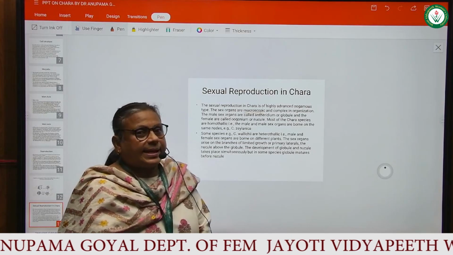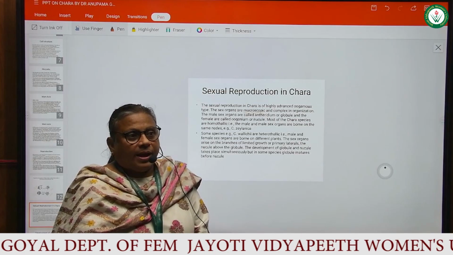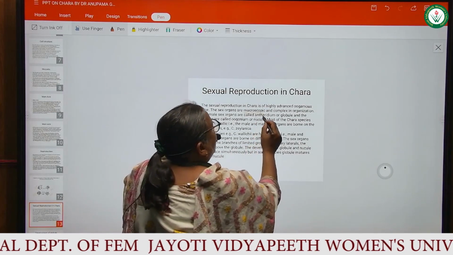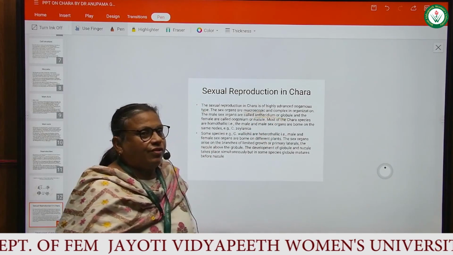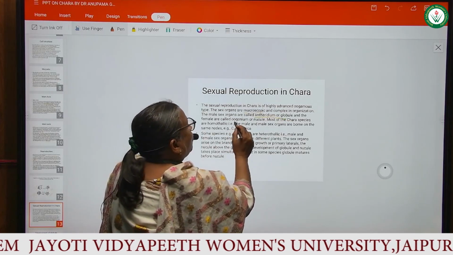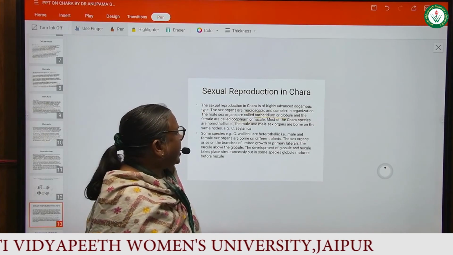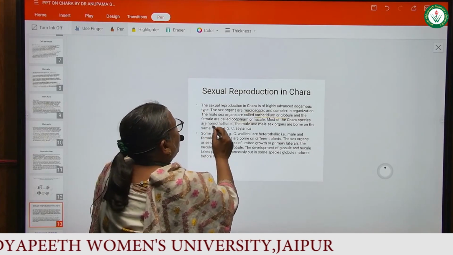The male sex organ in Chara is called the antheridium or globule, and the female sex organ is called the oogonium or nucule. Most Chara species are homothallic.